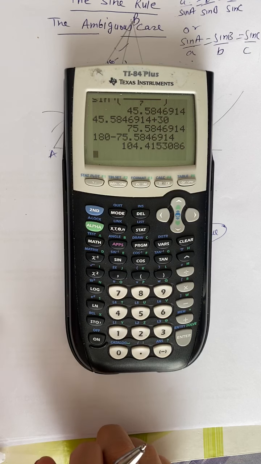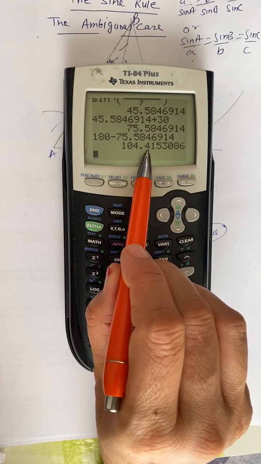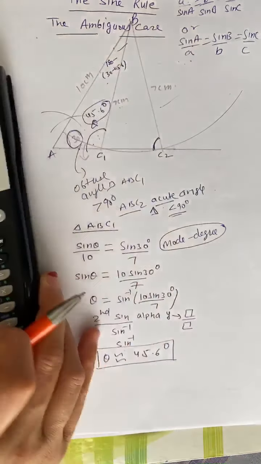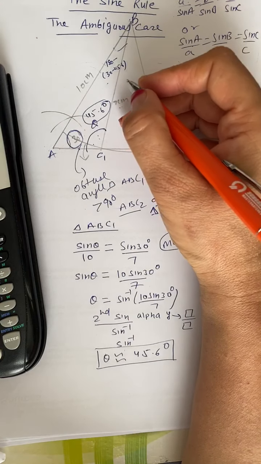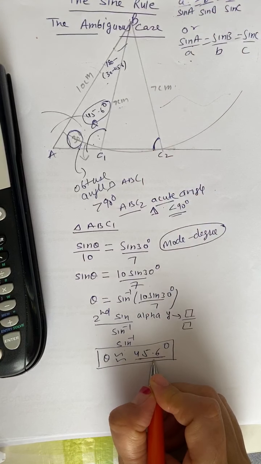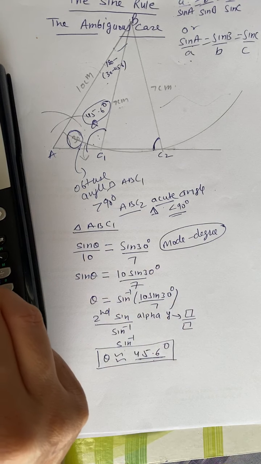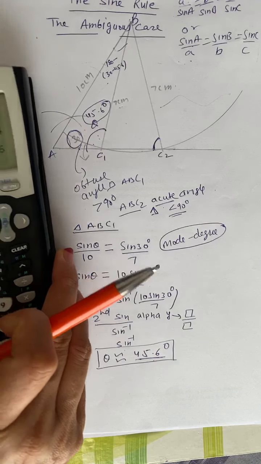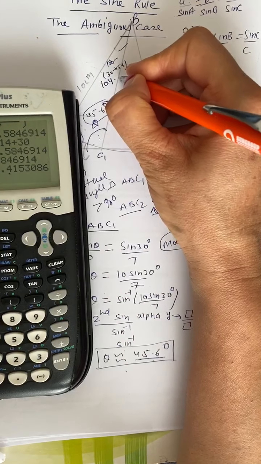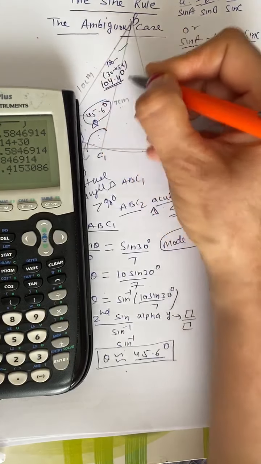If I round it to 3SF, you can see the 4th digit is less than 5, which means my 3SF in this case is 104 degree. But that could actually be a problem, because I didn't use the 45.6 value, so I'm having a problem here. So 104.4 degrees is my answer.